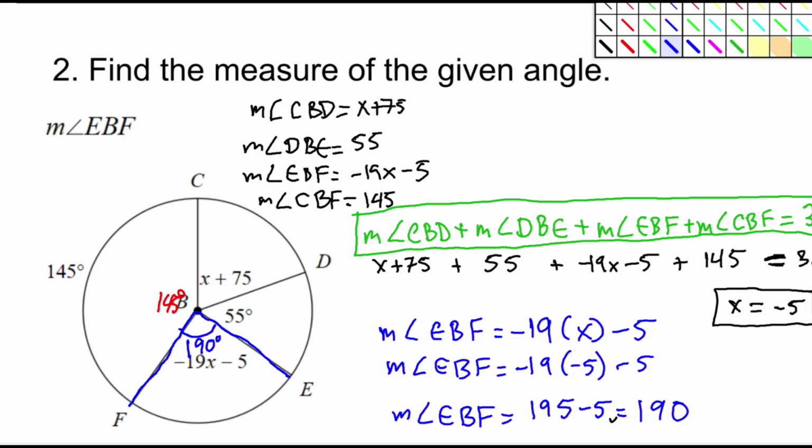All right, and we can figure out the rest if we needed to, to see if it all makes sense. But not too bad. This is the little substitute your answer back in and find your answer. So there's a 2-step process here: write an equation, solve for x, and then substitute in and find the value that you need. All right, that wasn't too bad.